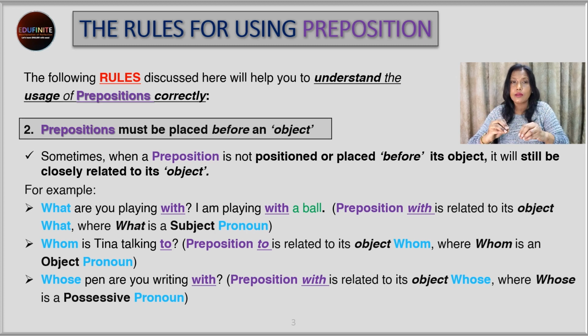Now this with is again a preposition because it is closely related with the possessive pronoun whose. Because the answer will be, I'm writing with my father's pen. So with my father's pen. So my father's pen is the object of with. Hence that is a preposition.